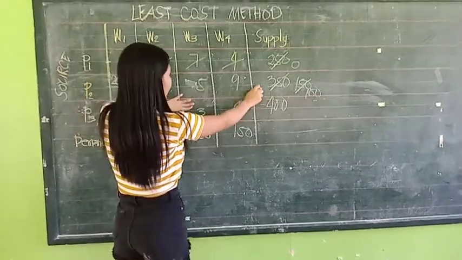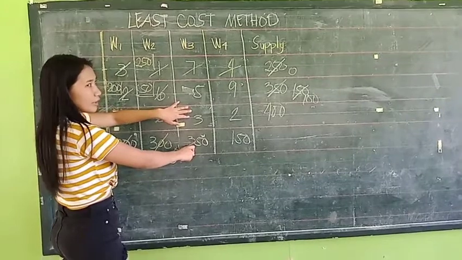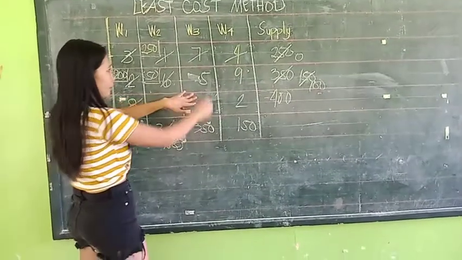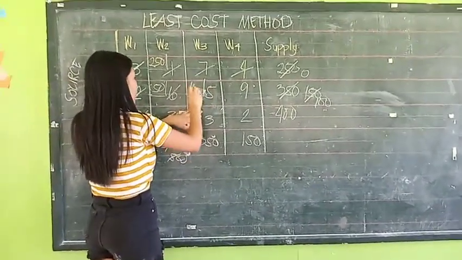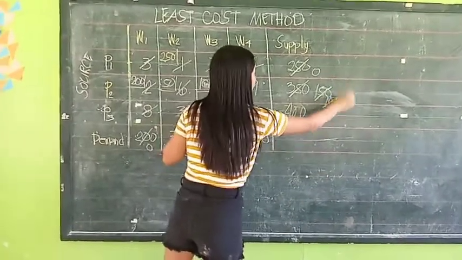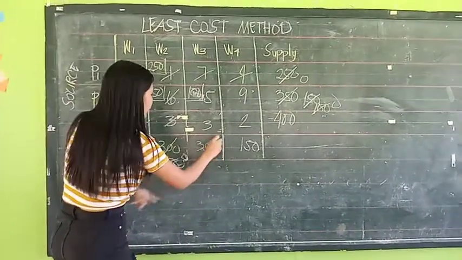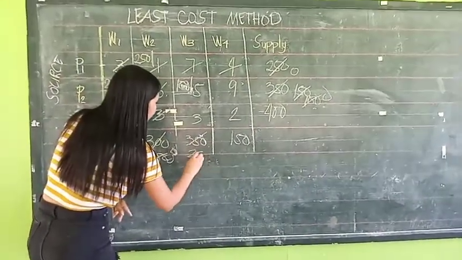So they are now empty. So 100 and 350. 100 is less than 350, so 100 is our allocated number, and 350 minus 100 is equal to 250.